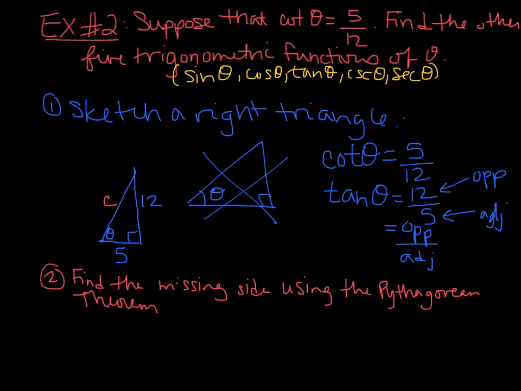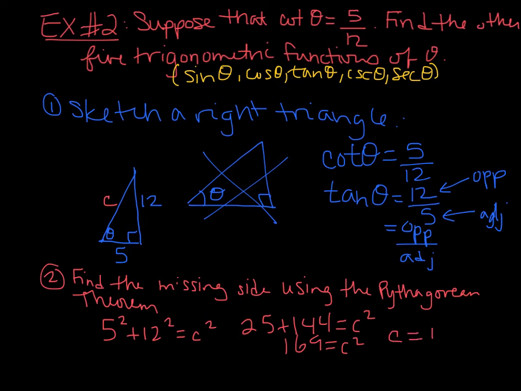So I'm going to do 5 squared plus 12 squared is equal to c squared. When I do that, I get 25 plus 144 is equal to c squared, or 169 is c squared. So in this case, when I take the square root, I will end up getting that my c is equal to 13. So I now have my third side.